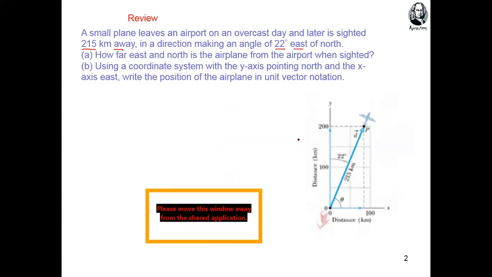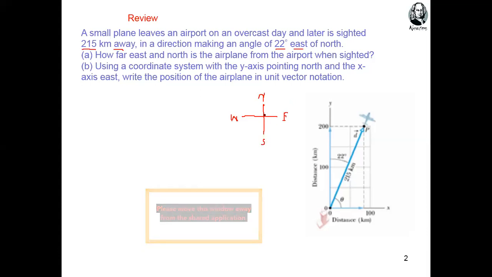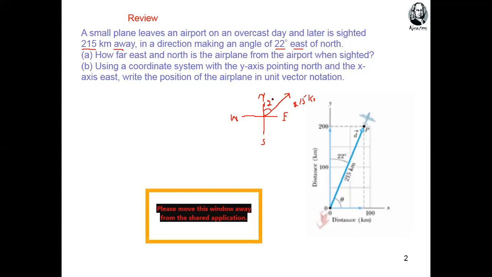It means that if we draw the directions east, west, north and south, east of north means, for example, this plane is moving, correct? This distance is actually 215 kilometers, making an angle with north. This angle is actually 22 degrees.